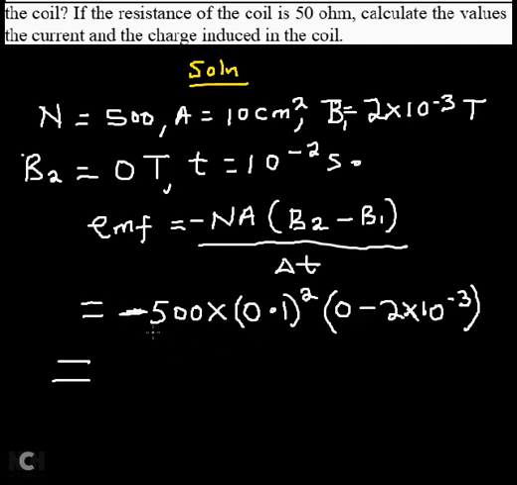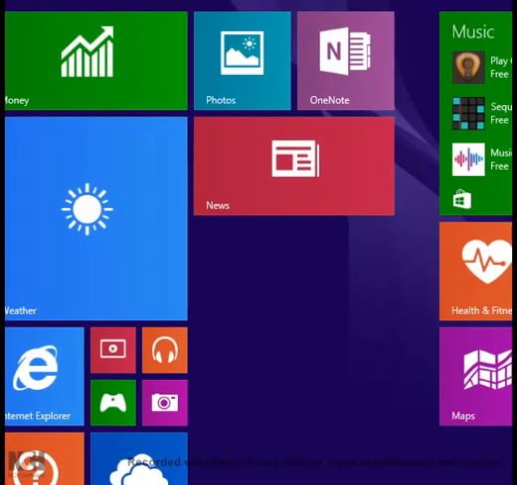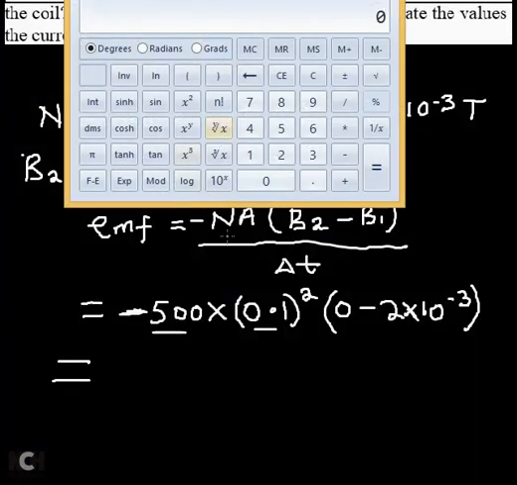So I'm left with 500 multiplied by 0.1 square. So I'm going to get a calculator. Here we go. 0.1 square, you know very well that should be 0.01. Then multiply by 500, that should give me 5. Then multiply that by 2.